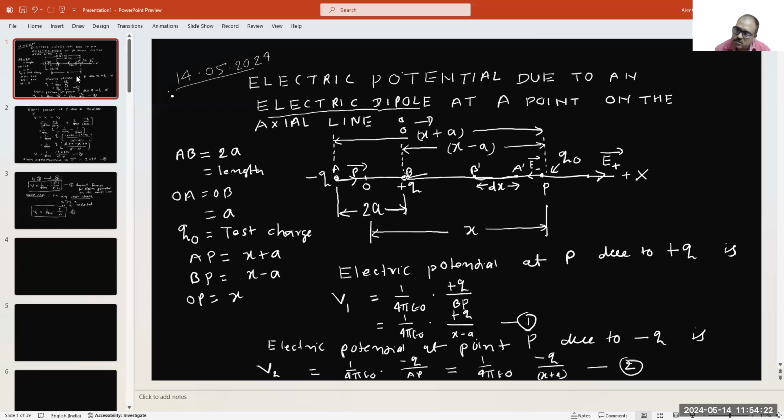For simplicity, if you put the negative charge at the A point, the field will be directed towards it. And if you put positive charge at the A point, then the field will reverse its direction. So it is better to show the field away from the system.